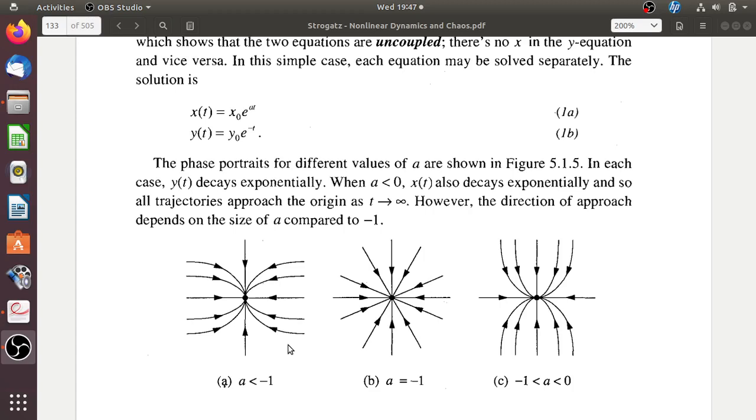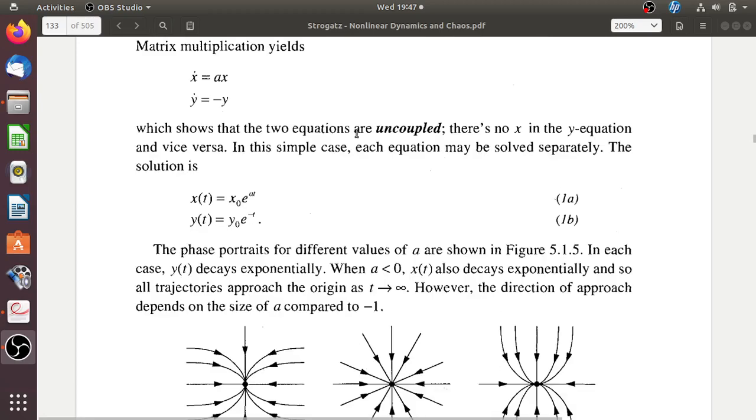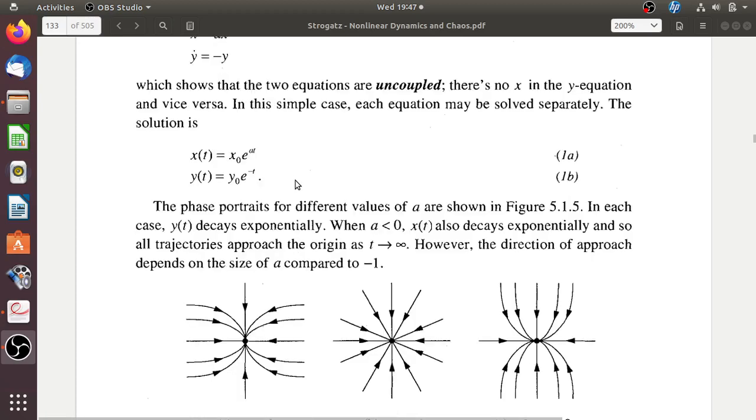But before that, we will have a little discussion about the uncoupled problem. So this is the system, and the evolution equations for x and y, and this is the solution obtained by solving these two equations.